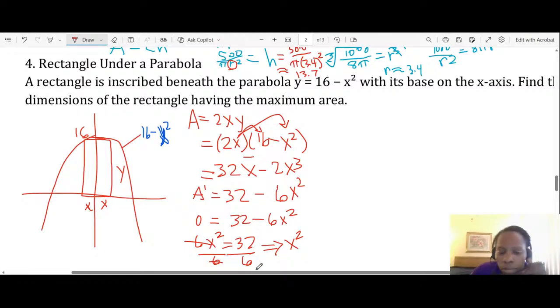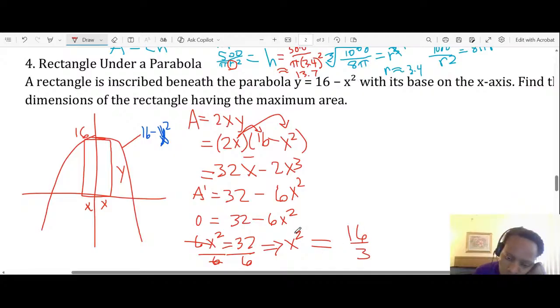Well, since 32 is not divisible by 6, it's going to be some multiple of 2. So 16 over 3.